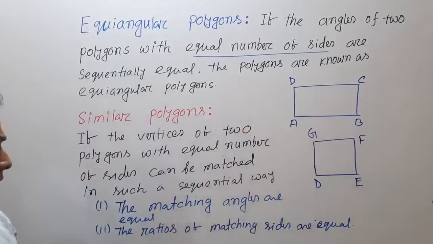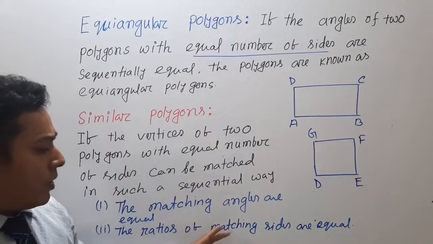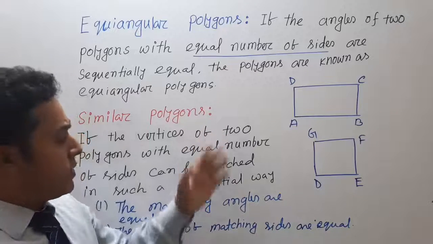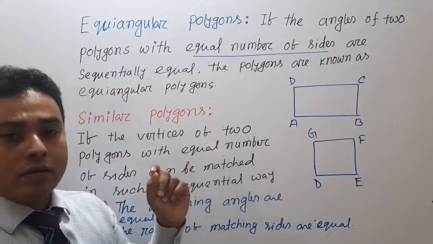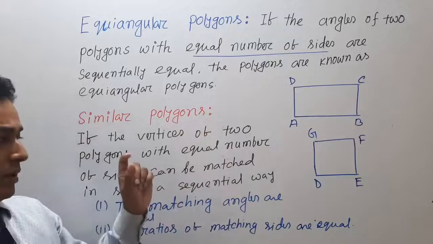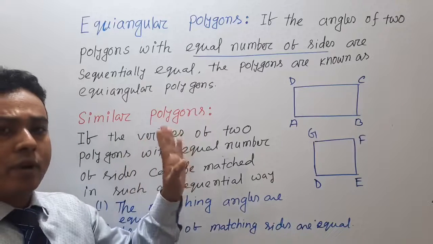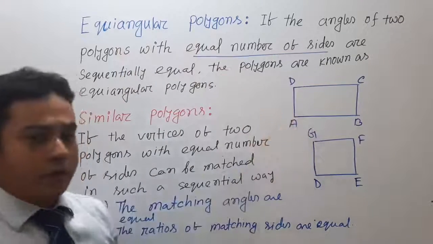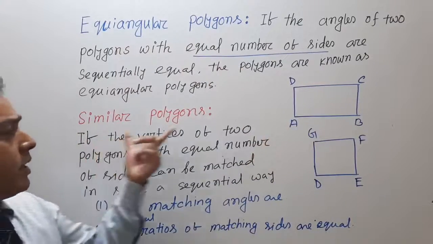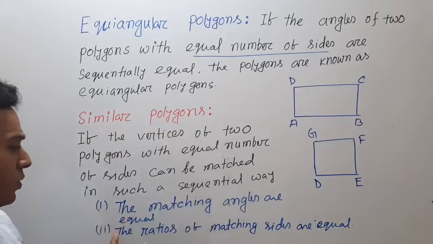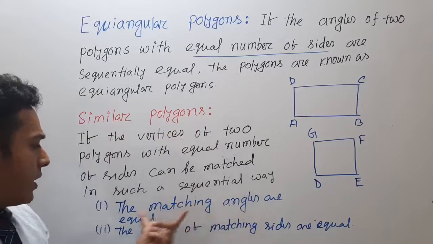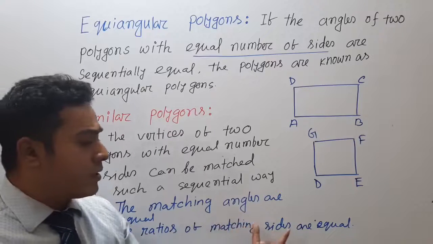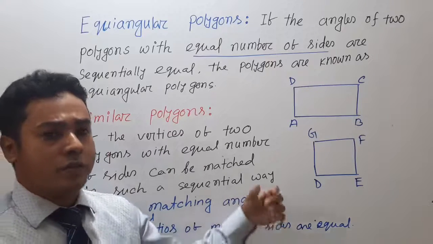Second, the ratios of matching sides must also be equal. In the previous case, one condition is satisfied, so it is an equiangular polygon. But for similar polygons, two conditions are needed: corresponding angles are equal, and the ratios of corresponding sides are also equal.